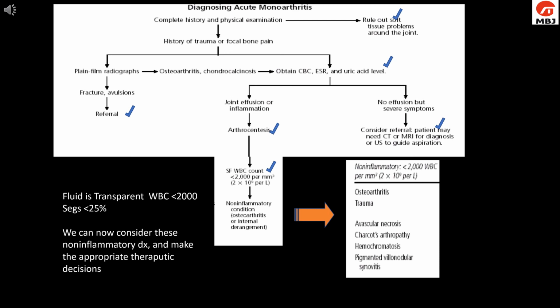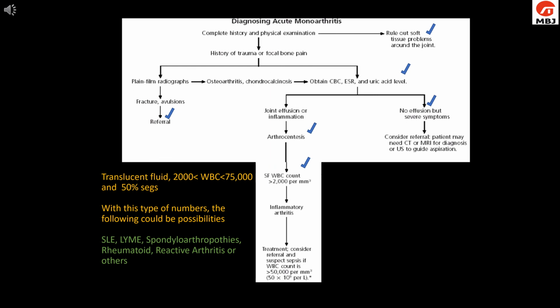The non-inflammatory conditions are osteoarthritis, trauma, avascular necrosis, Charcot's arthropathy, hemochromatosis, pigmented villonodular synovitis. If arthrocentesis shows more than 2000 WBCs, then the possibility is inflammatory arthritis. With this type of numbers, the following could be possibilities: SLE, Lyme disease, spondyloarthropathy, rheumatoid arthritis, reactive arthritis.